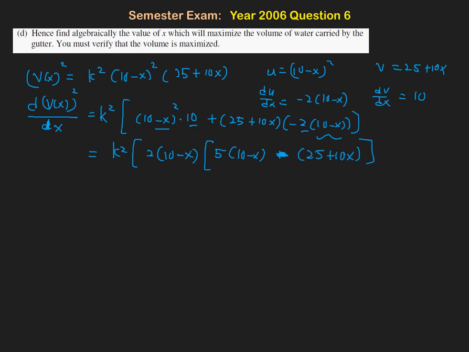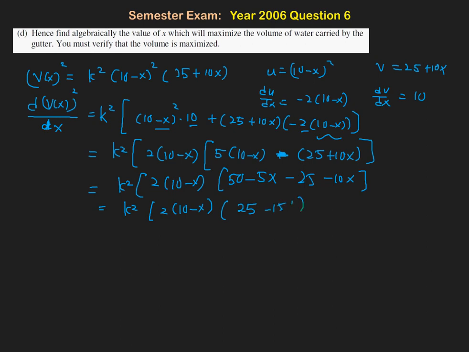Let's simplify further. So this is 50 minus 5x minus 25, and let's be careful with your work. You check this, this is in fact going to be 25 minus 15x. And we set this to be 0.